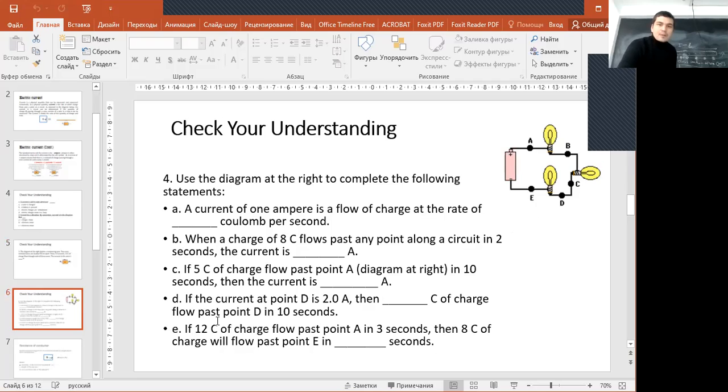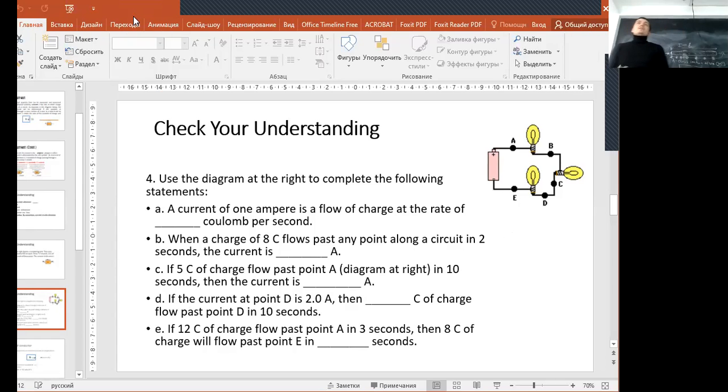Here there are some more examples. Use the diagram at the right to complete the following statements. A current of 1 amp is a flow of charge at the rate of how many coulombs per second?